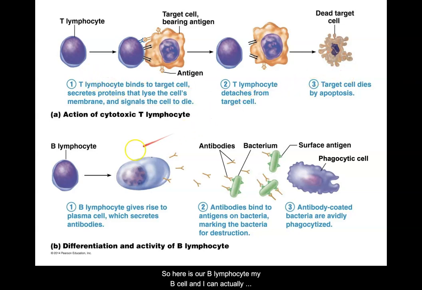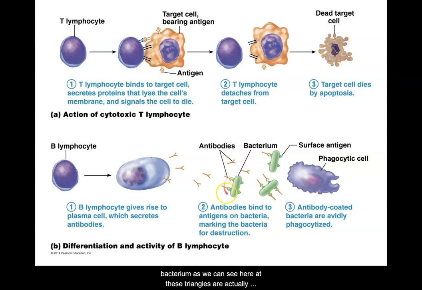So here's our B lymphocyte, my B cell, and it looks quite similar to the T lymphocyte, with that large nucleus, but these cells work in a different way in that they don't bind to the infected target cell. They secrete little defenders known as antibodies, symbolized by this Y-shaped protein here. They flow to the site of infection. Let's say a bacterium is a great example of what antibodies target.